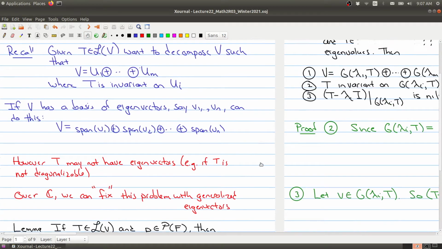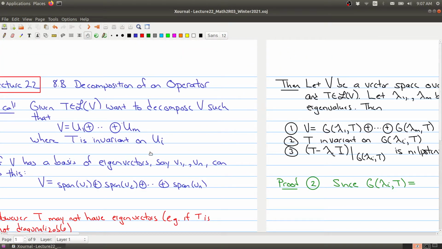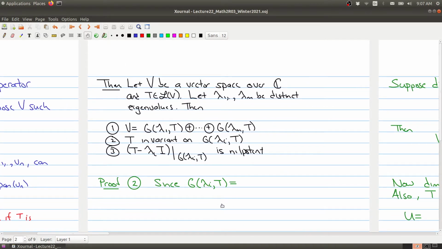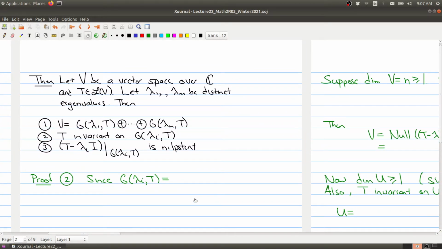The theorem that we want to look at, which fixes this problem, is this one, written in black. Let V be a vector space over the complex numbers, and let T be a linear operator. Let's say you look at the distinct eigenvalues, and we know it has eigenvalues because it's over the complex numbers. Then V can be written as a direct sum of generalized eigenspaces.